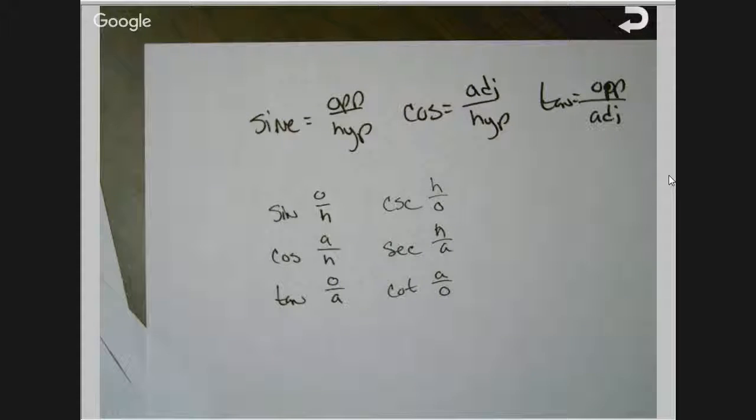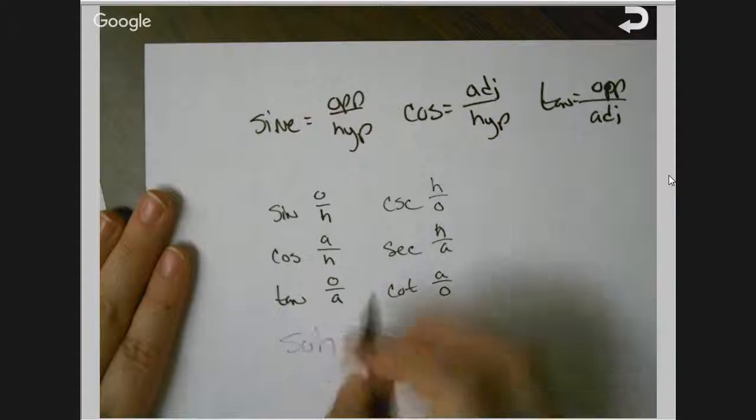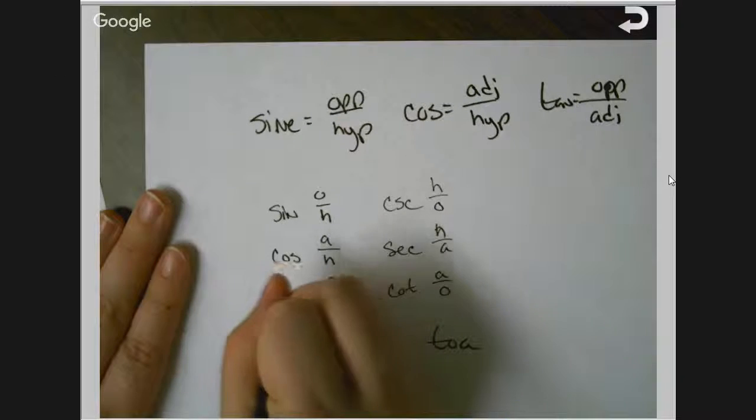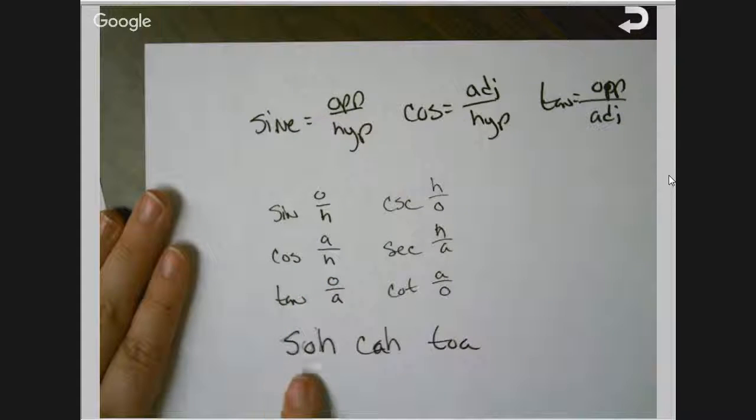If you don't know those, commit them to memory. Okay, I remember by thinking of SOHCAHTOA. Sine, opposite over hypotenuse, cosine, adjacent over hypotenuse, tangent, opposite over adjacent. You could just remember it that way. I think that's also how it was taught to me.